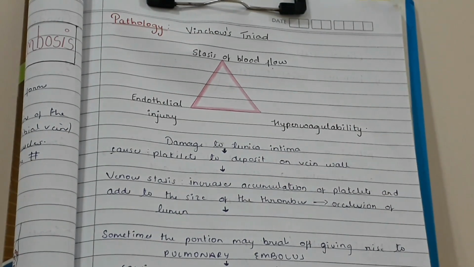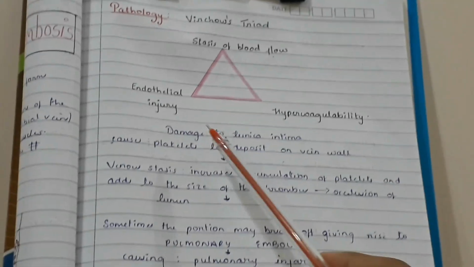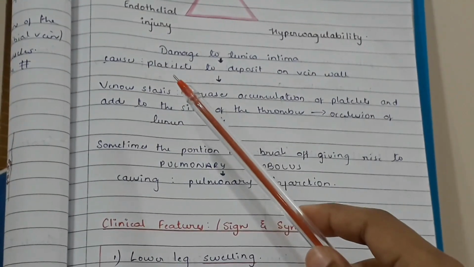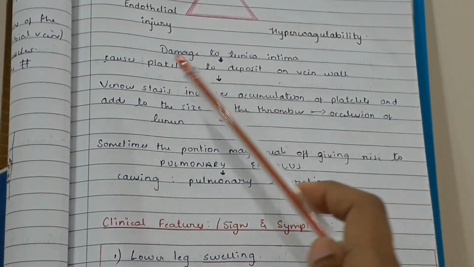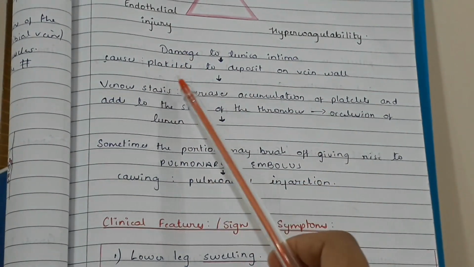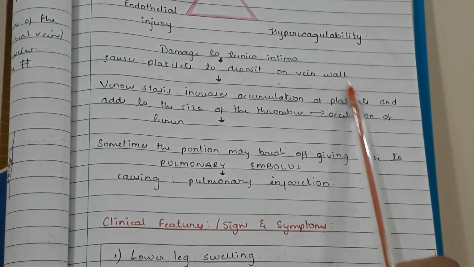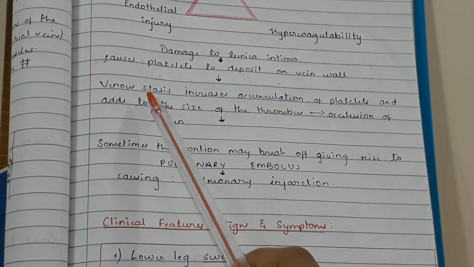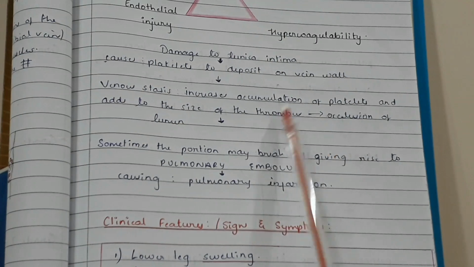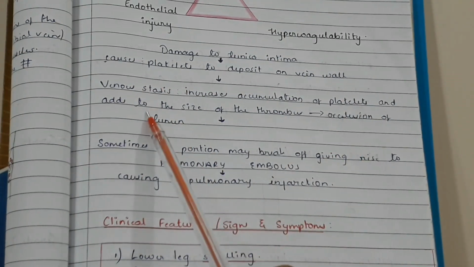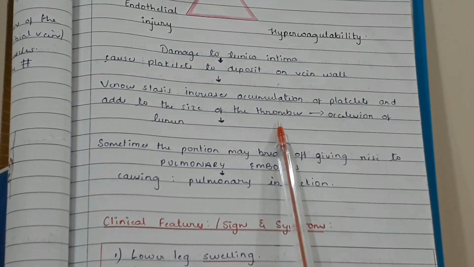So let's see what happens. There is damage to tunica intima, which causes the platelets to deposit on the vein wall, resulting in venous stasis. This increases the accumulation of platelets and adds up to the size of the thrombus.